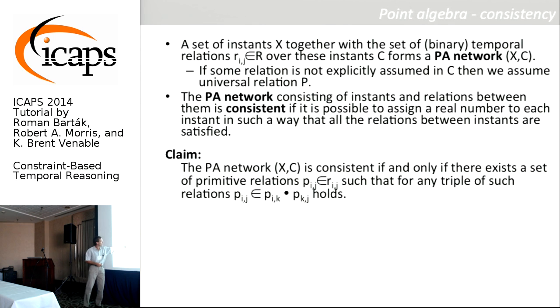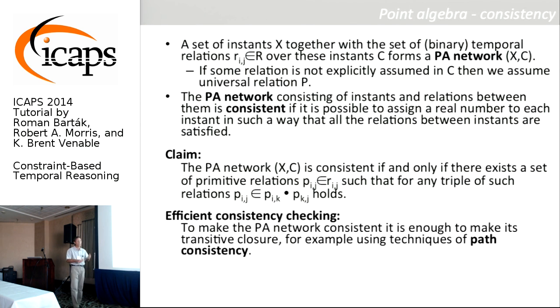And if we select one, and if we combine any two relations to induce new information between points I and J, then this relation should be in the combination of these two, meaning it's somehow locally consistent with them. Right? And it's a nice claim, because now we can use it to deduce an efficient procedure to verify consistency.